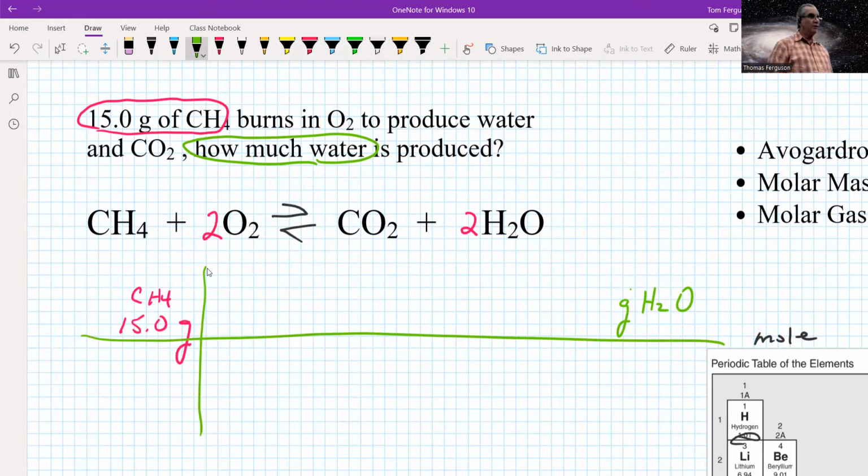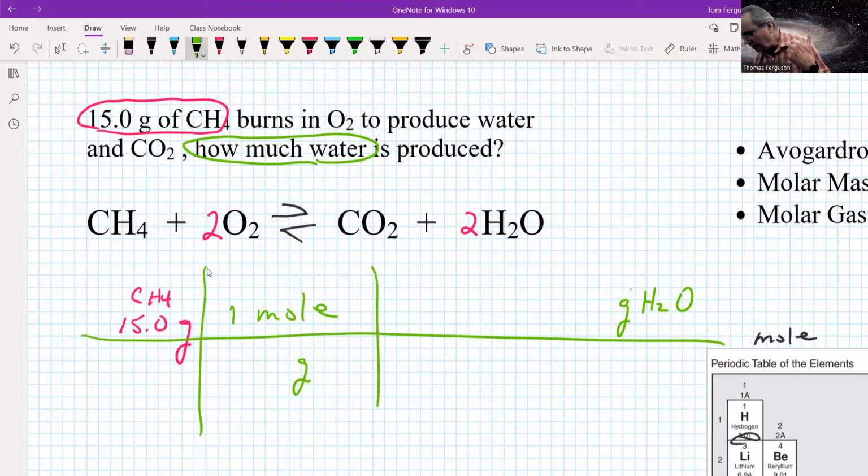Okay, grams is not moles, so we need to convert the methane here into moles. So we're going to use the molar mass from the periodic table. We need to know how many grams are in 1 mole of methane. So carbon is 12.01, and we have 4 hydrogens at 1.01 apiece.